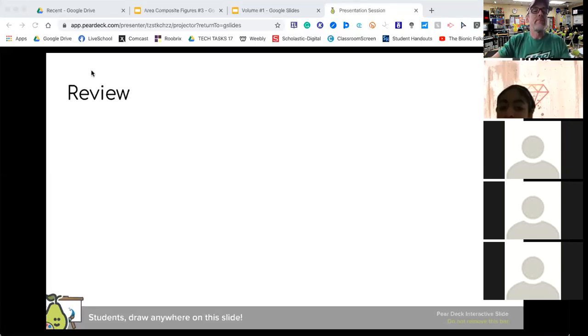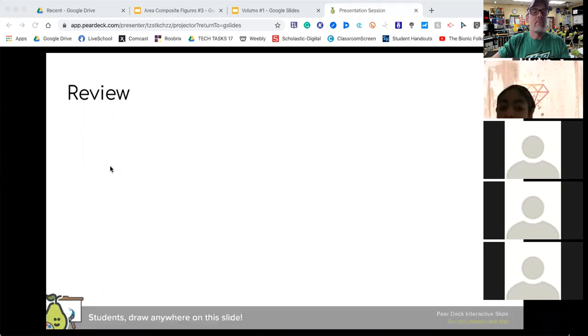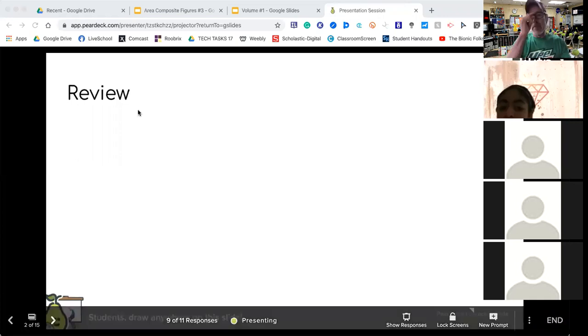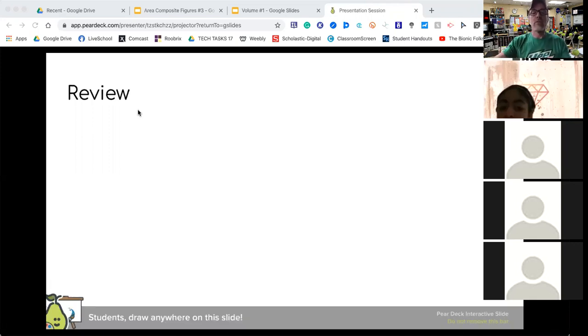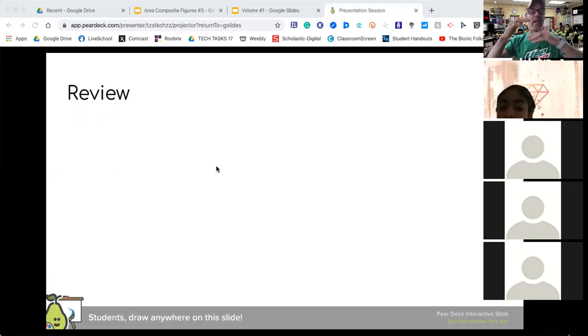Good. All right. So it's all about looking at the bigger picture, subdividing the actual separate shapes in the composite and getting the separate areas and adding them together.